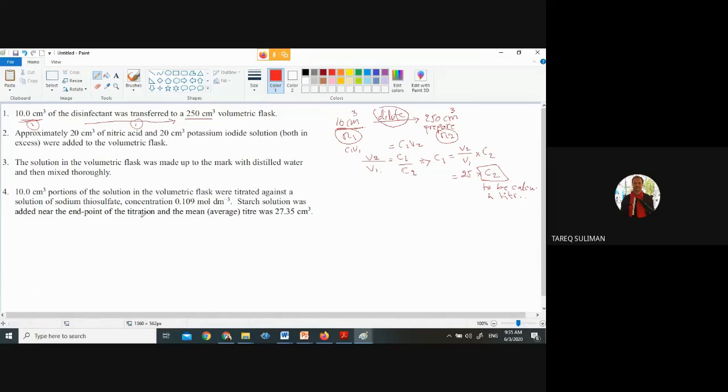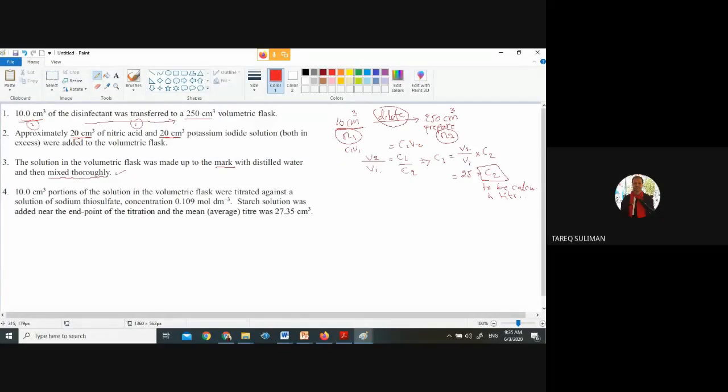Approximately 20 centimeter cube of nitric acid and 20 centimeter cube of potassium iodide, both in excess, were added to the volumetric flasks. So we are not going to use these in calculation because they are in excess. The solution in the volumetric flasks were made up to the mark with distilled water and then mixed thoroughly.